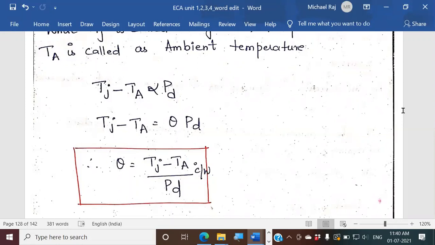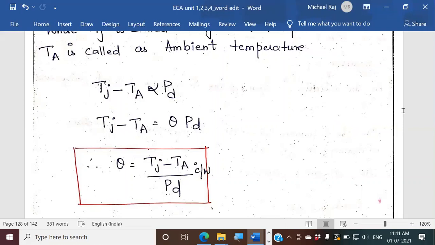It is not rising from 0. The initial temperature of the transistor when we don't connect it is not 0, it is Ta. So that is the reason power dissipation is proportional to Tj minus Ta.